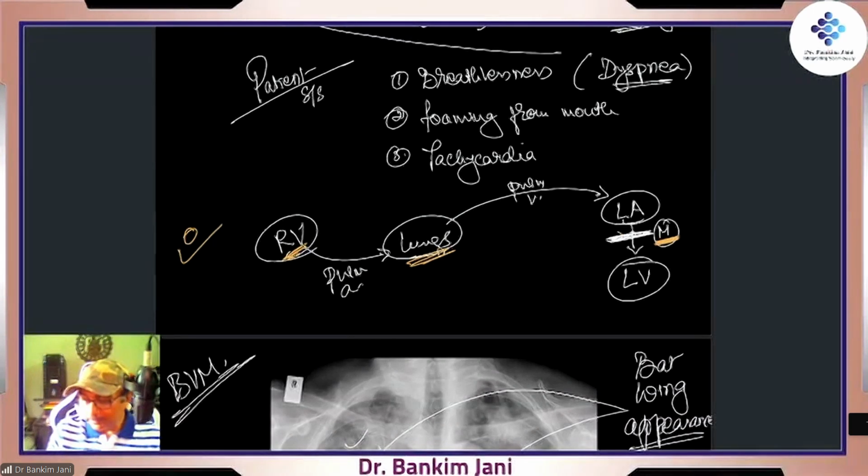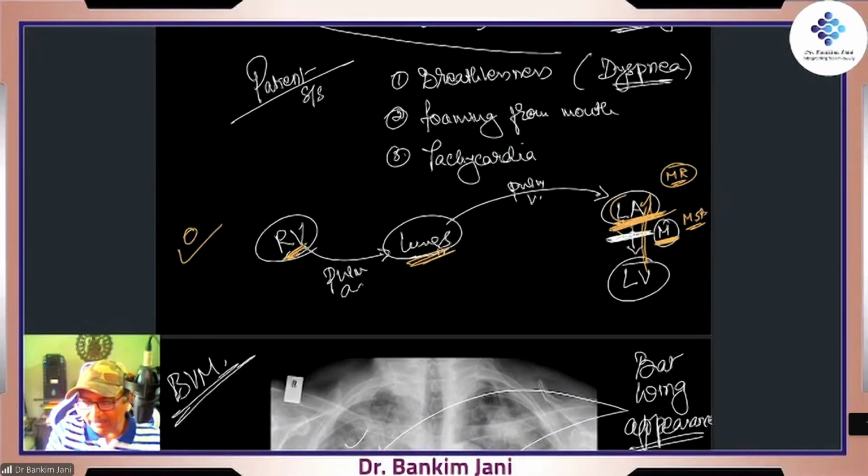Good. So, if there is accumulation of blood over here, why should there be accumulation? Mitral stenosis, or mitral regurgitation, it is throwing the blood back, right? So regurgitation, in which the valve is unable to stop the blood, and blood is returning.